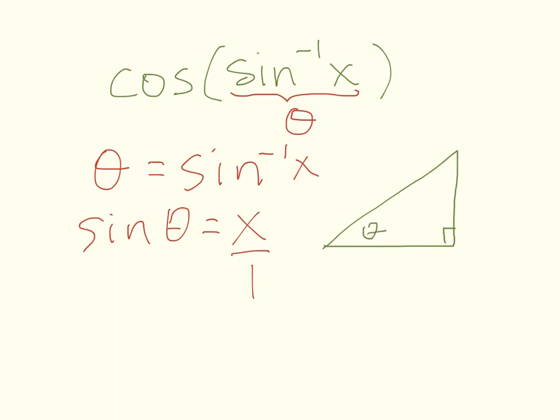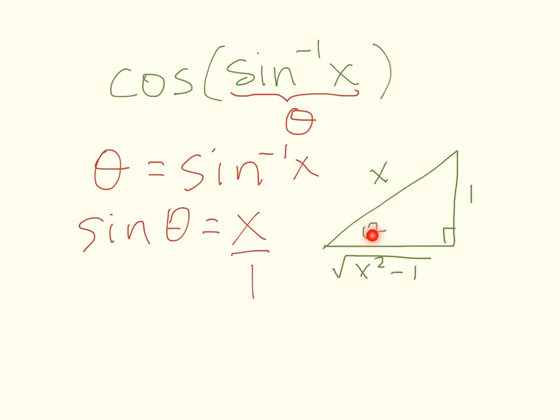And I know that the sine is the opposite over the hypotenuse. So the opposite is 1. The hypotenuse is going to be x. And by the Pythagorean theorem, this is going to be the square root of x squared minus 1. Alright, so now we want to find the cosine of theta.